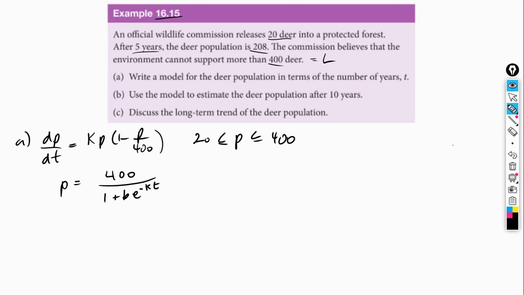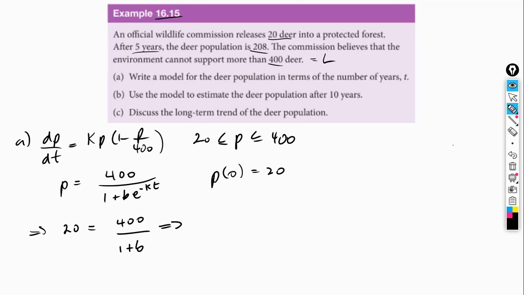So in order to find the model that we want, we need to solve for B and we need to solve for the rate of change k. But we know that at time 0, the population was 20. That implies that 20 is equal to 400 over 1 plus b.